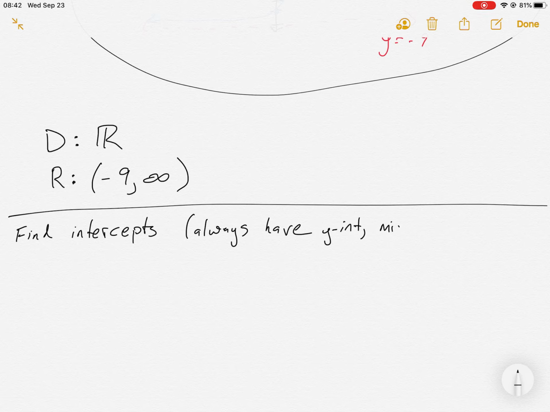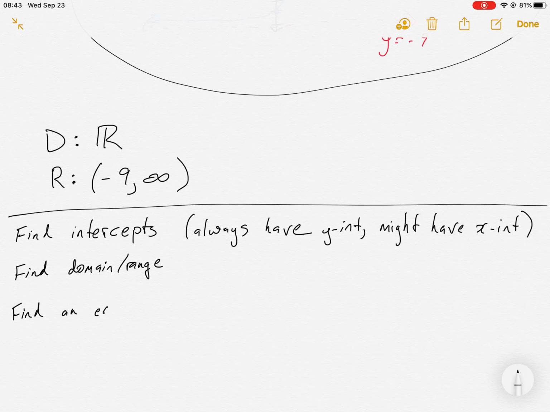You might have an x-intercept. You should be able to find the domain and range. And you should also be able to find an equation for the asymptote.